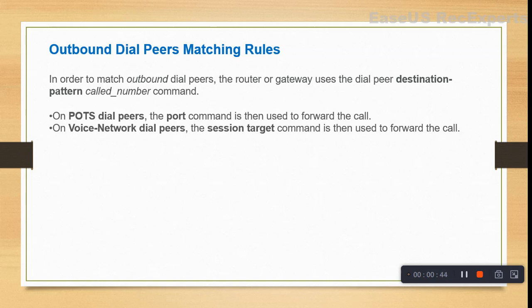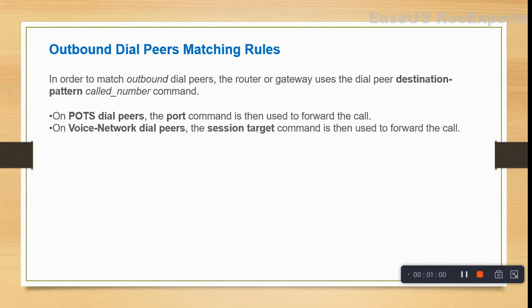So guys, this is all about dial peers and dial plans. Here we have learned the basics of dial peers, call legs, VoIP, POTS dial peers, incoming, outgoing dial peers. What are the dial peer matching rules? Right.